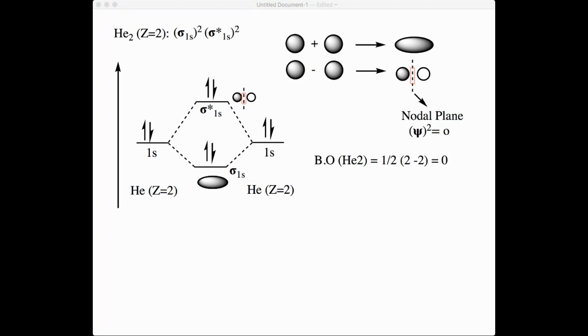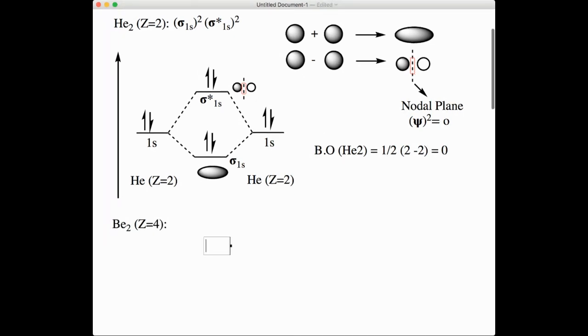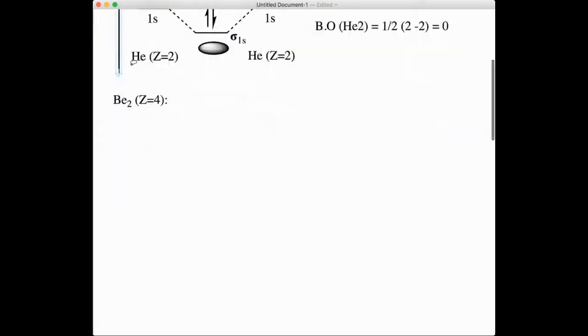Okay, guys, I want to move on now and do with me the molecular orbital diagram for the molecule of Be2. The atomic number for beryllium is 4. So let's do the molecular orbital diagram for Be2.